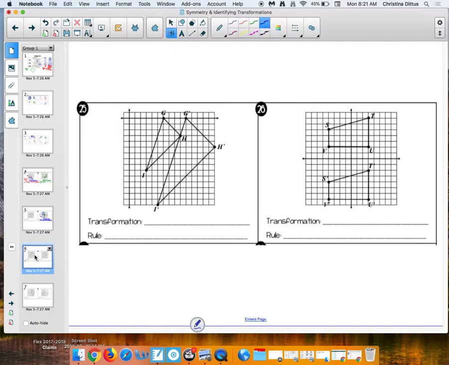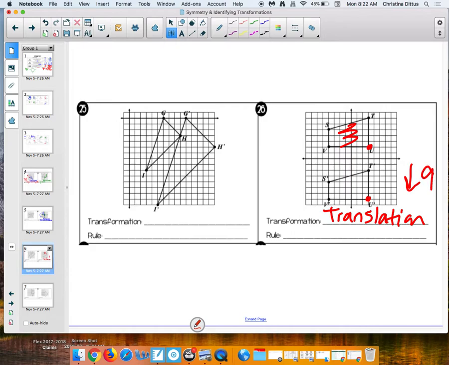26, which one did I start with? Top one. Let's look at U. U is in the bottom right when it starts. When it ends, it's still in the bottom right. So what happened? Translation. Did it go left or right? No. Did it go up or down? Down. How much? 9.